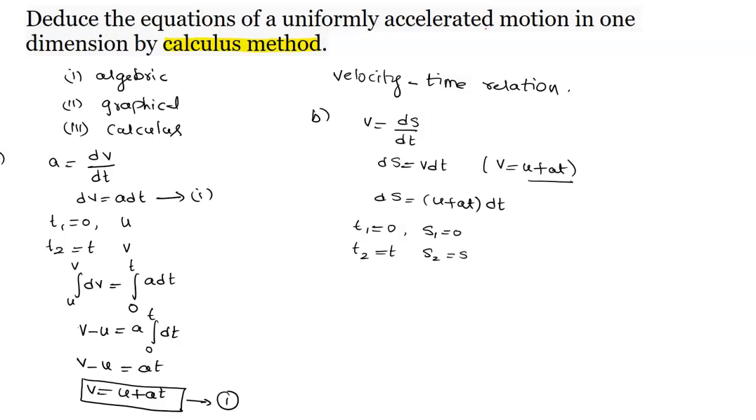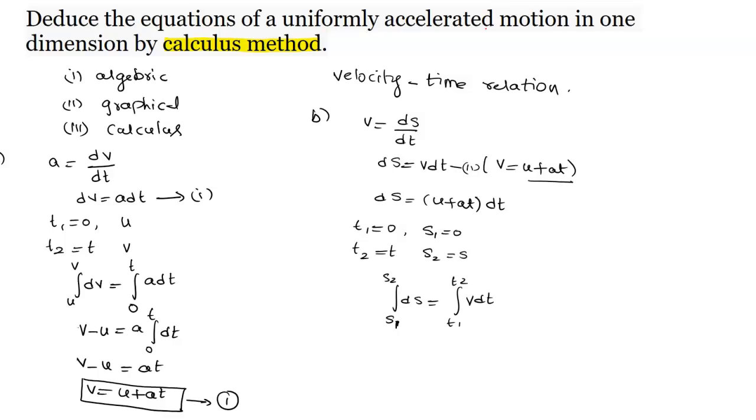We don't know the distance, that's why I will take s only. The integration uses these limits: integral s1 to s2 of ds is equal to integral t1 to t2 of v dt.